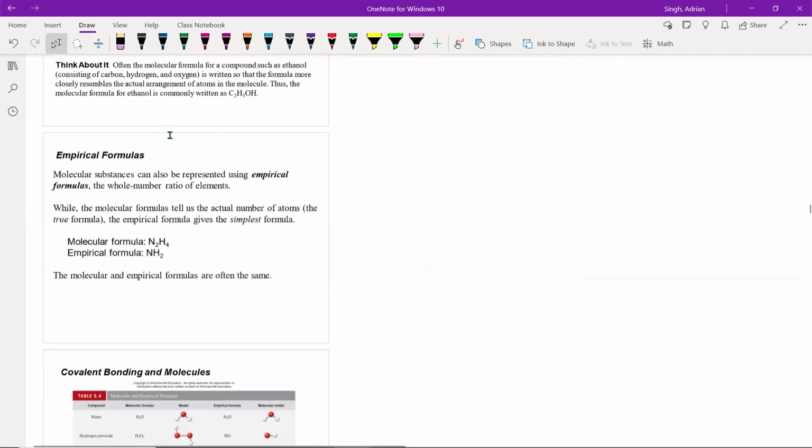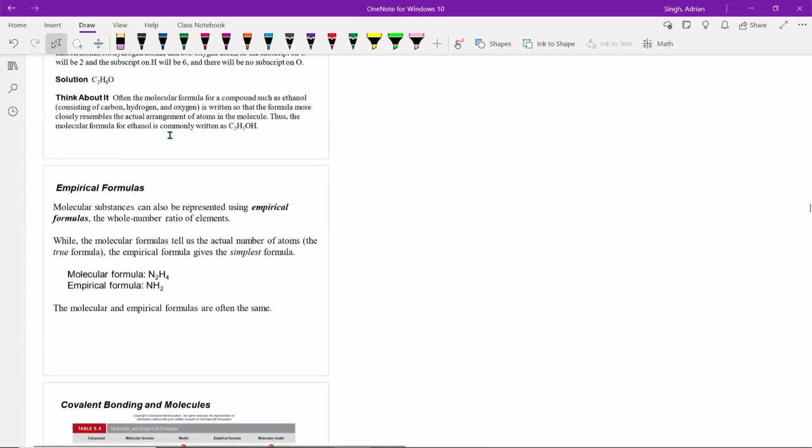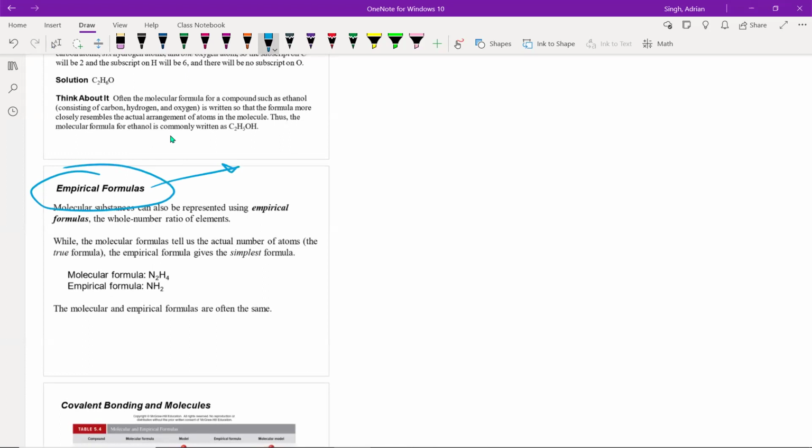The last type of formula that we'll take a look at here is known as the empirical formula. We've also addressed this a couple of times already. The empirical formula is nothing more than the simplest, or the smallest, whole number ratio of the elements to each other.